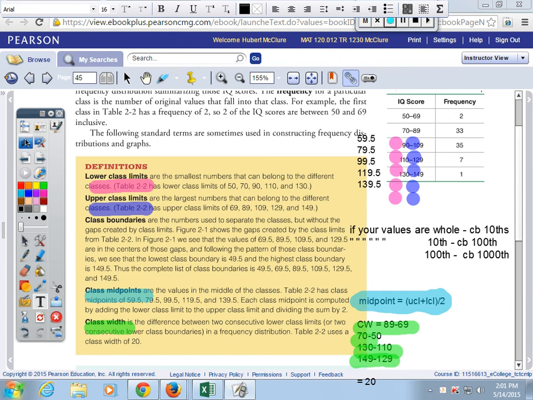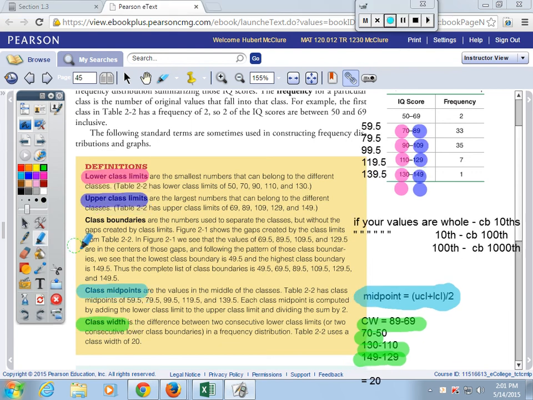So in this case, and the problem that we're doing right now, I'm going to color this in orange. In this case, what are our values?